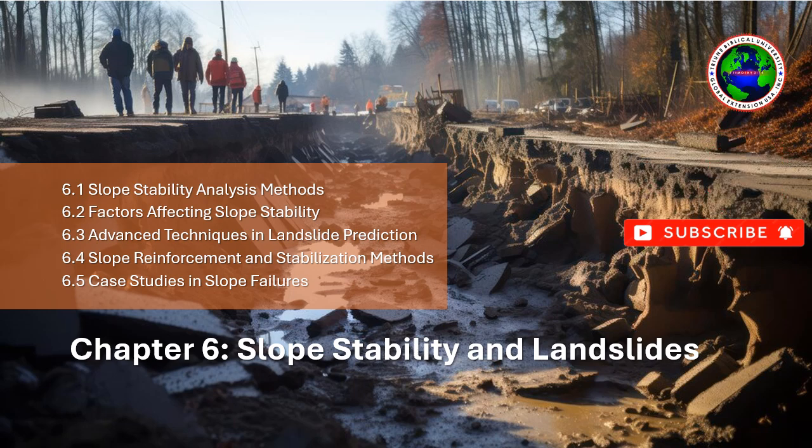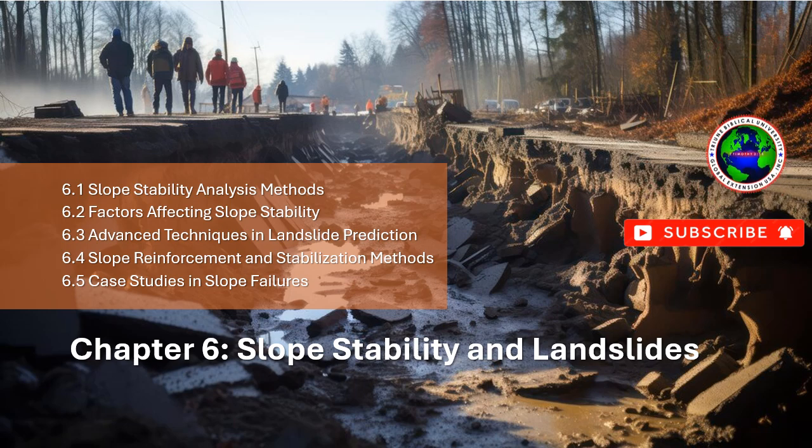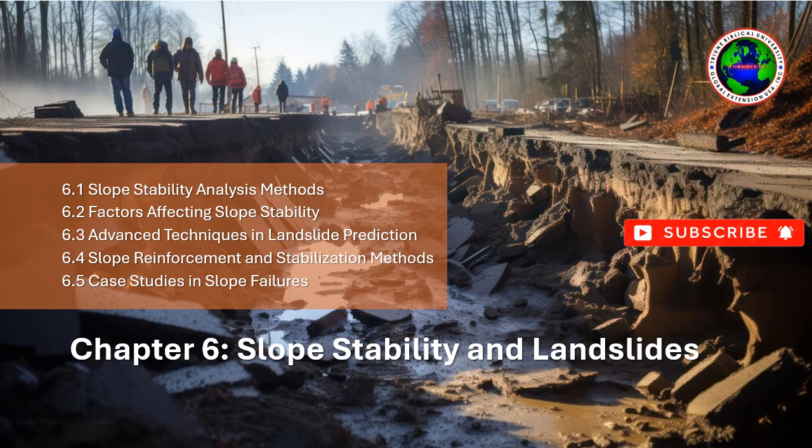Bishop's simplified method is a commonly used method due to its simplicity and ability to account for non-circular slip surfaces. The Fellenius method, or ordinary method of slices, is a simplified approach that assumes no interslice forces, making it less accurate for slopes with complex geometry.